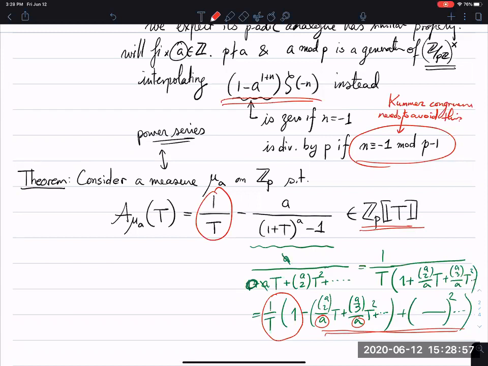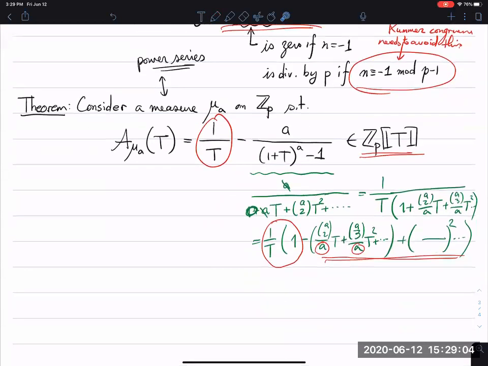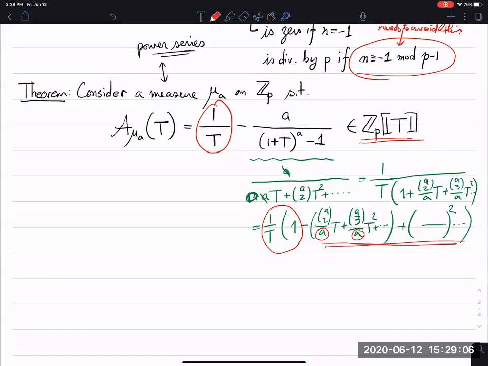It looks a lot neater if you write it in terms of this. But really it is this power series in T. And of course the pole is related to that you have a T here.